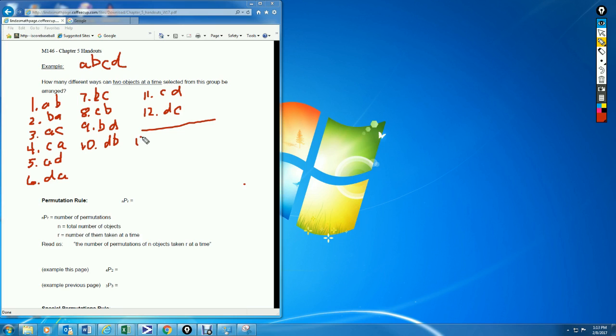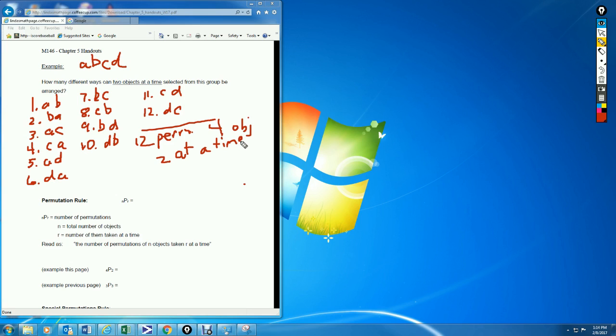So in this case, I would say that there are 12 permutations of 4 objects taken 2 at a time.